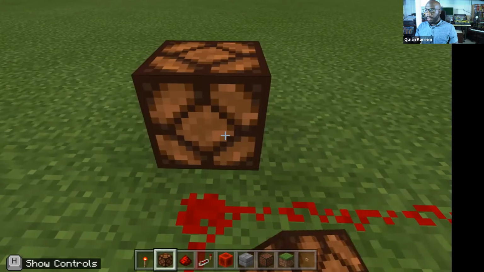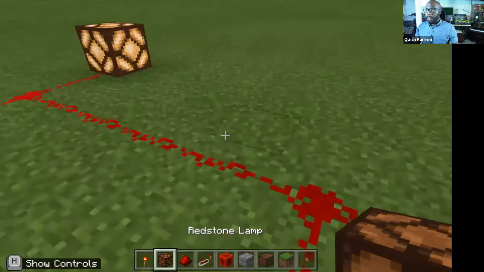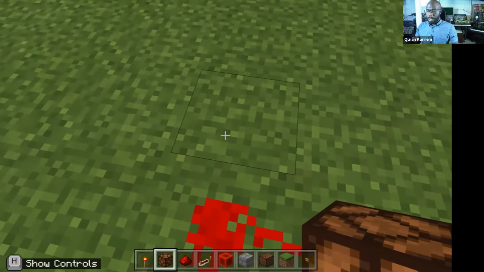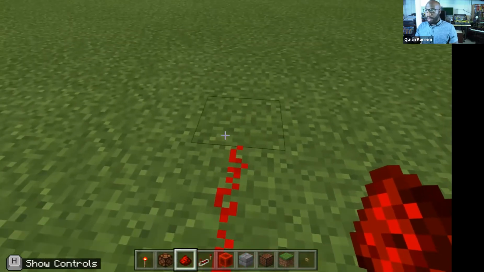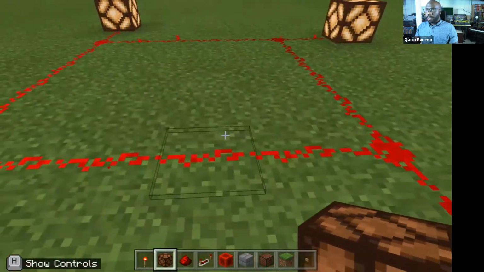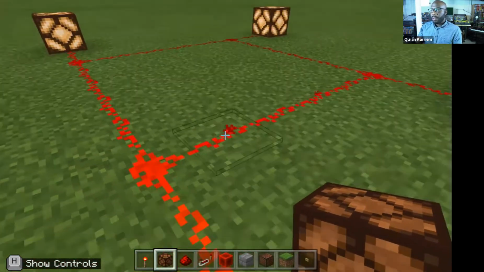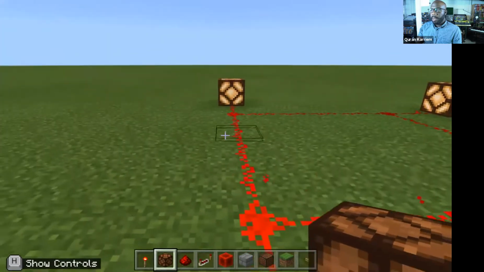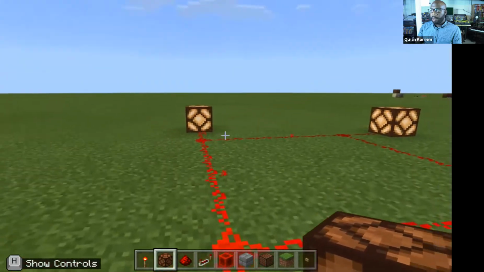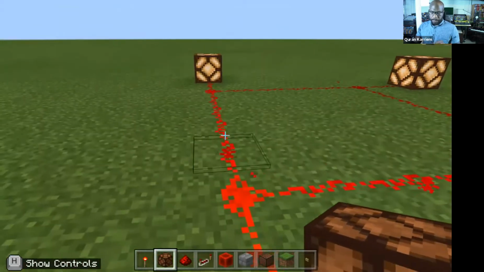And off of here, I'll also do a lamp. And why don't I just go for it and do this one too? Okay. And what I want is for these to turn on and off in sequence. So right now they're all powered by the torch, but I want them to flash on and off, and for it to just cycle without me having to do anything other than starting it.